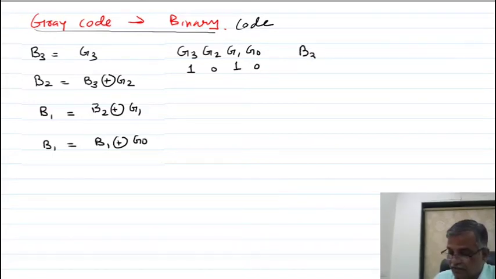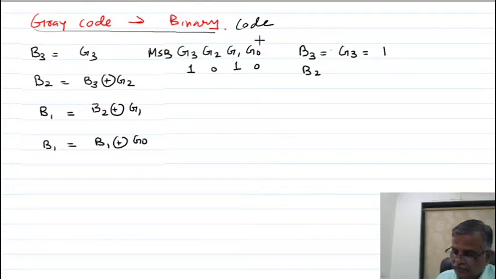So binary B3 is nothing but G3 itself, so it is your 1. Now I want to convert gray into binary. This is your MSB, and this is your LSB. Look here.